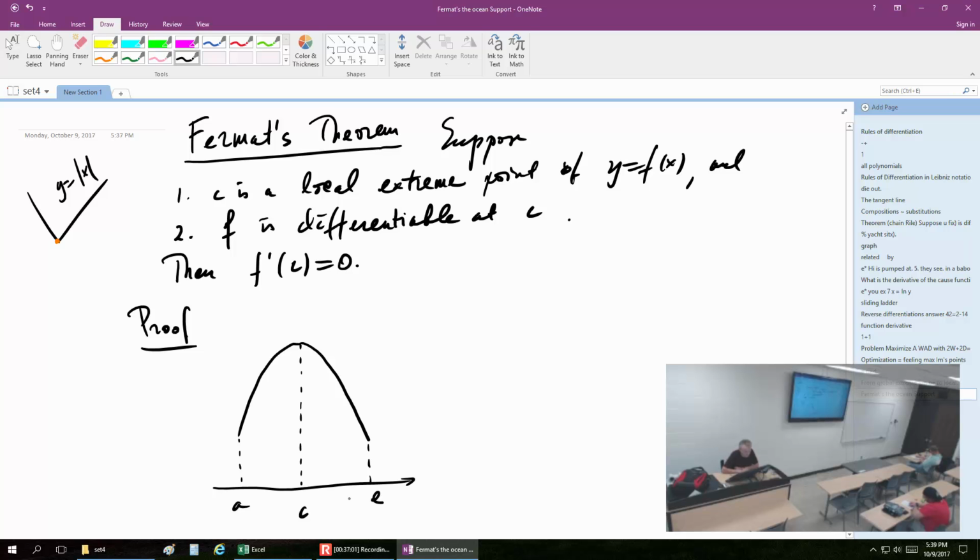Okay, so we know it's a maximum point. We also know it is differentiable. But once again, we don't want to do visualization excessively. The visualization only suggests the way to solve problems and to get some intuition into this. But ultimately, the derivative is a limit. So f prime of c is the limit of f of x minus f of c over x minus c, x going to c.